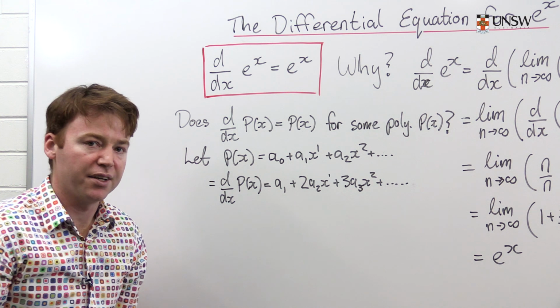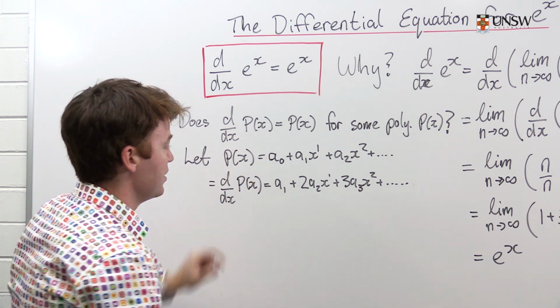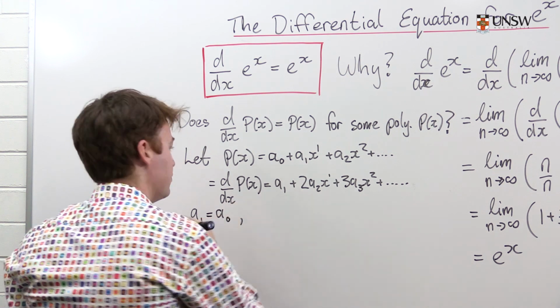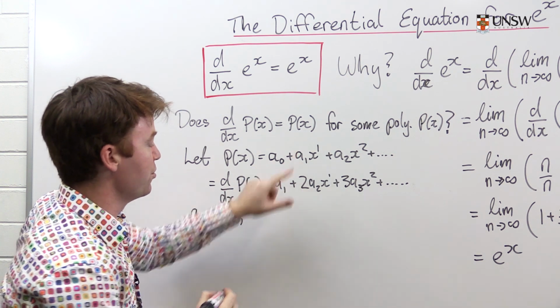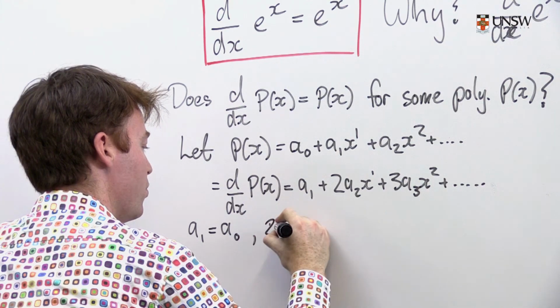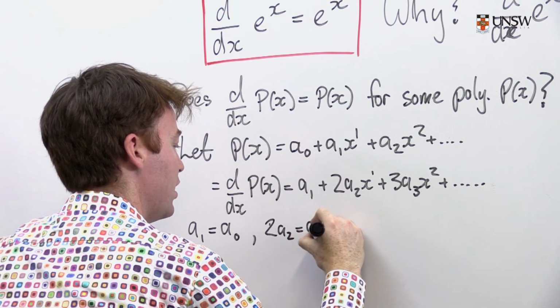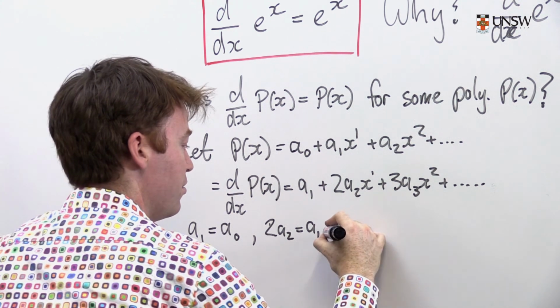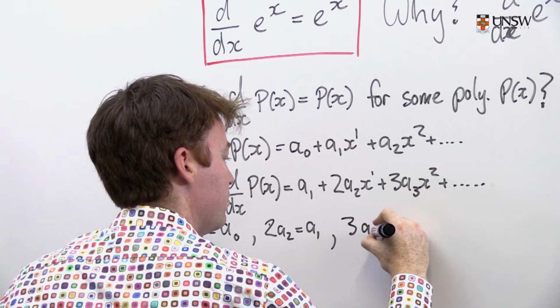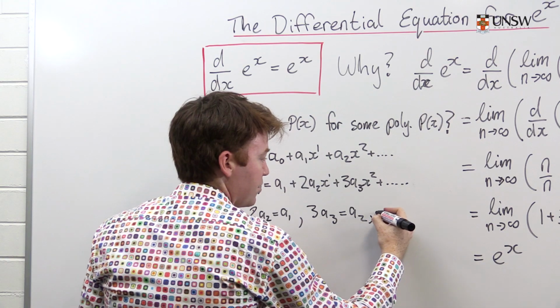And now we can compare coefficients. a1 is a0. 2a2 is equal to a1, which is also equal to a0. 3a3 is equal to a2. And so on.